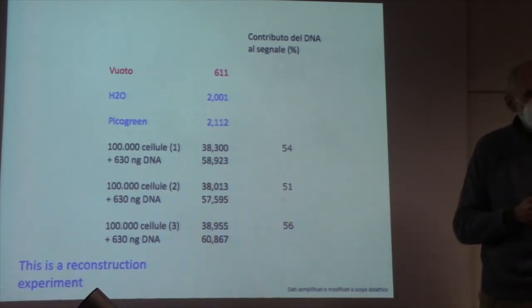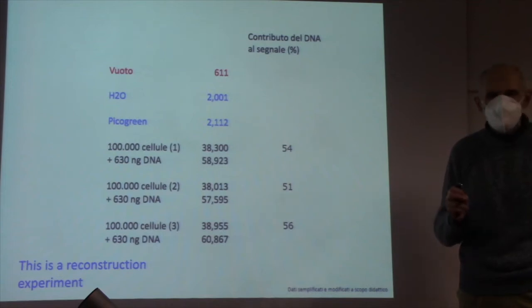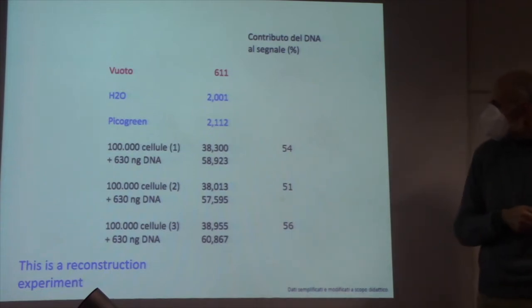In this way, you reconstruct your system and you determine how many and which ingredients, components are necessary in your system for the system to work. This is a reconstruction experiment.